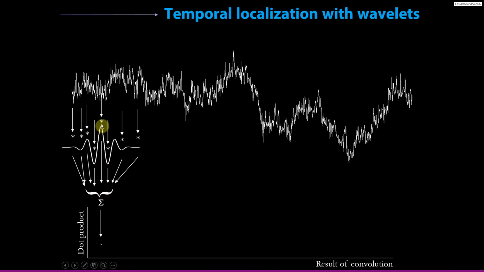So for this reason, it's very useful to always use a convolution kernel, a wavelet, that has an odd number of data points. If it has an odd number of data points, then of course there is an exact center with the same number of points behind it and in front of it.